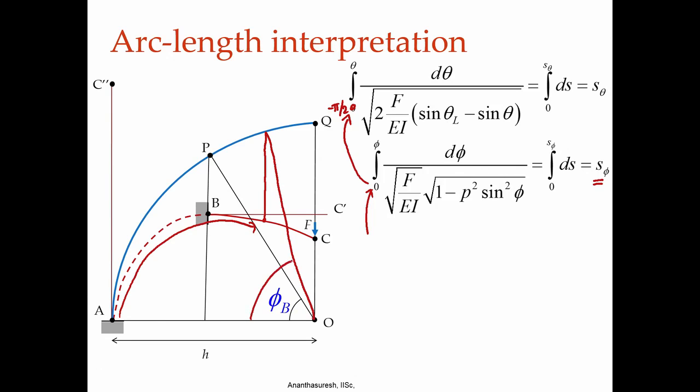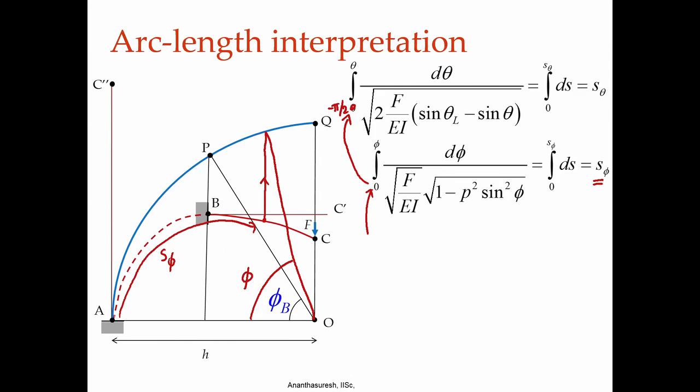This would be my general phi. Okay, that phi that I show here, this should be calculated. I have to draw a vertical line and join this. With respect to horizontal, I get phi. When I do this integral from 0 to phi, what I get will be that S phi, that is this arc length from here to here. That is interpretation here.